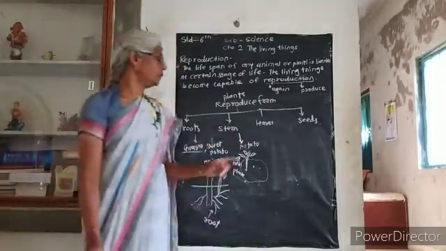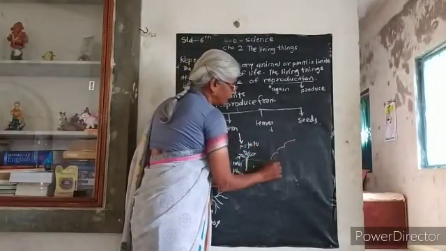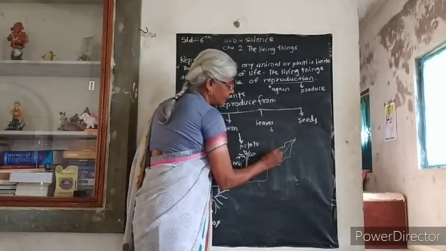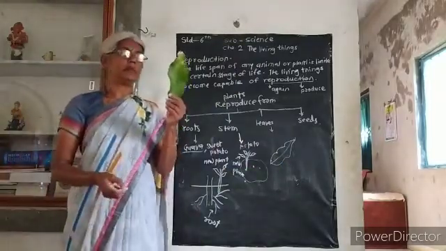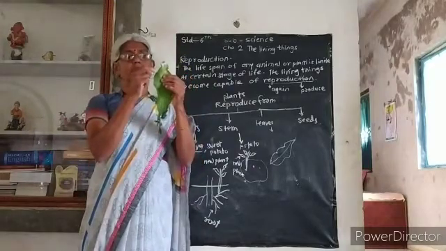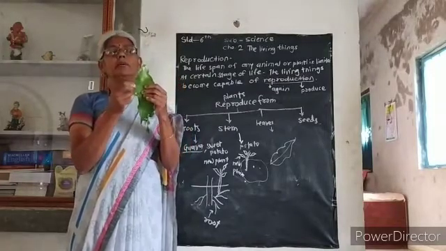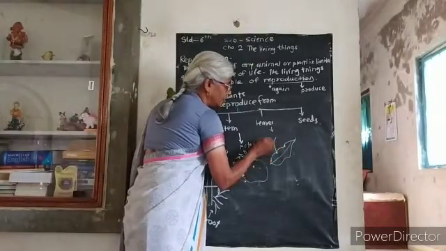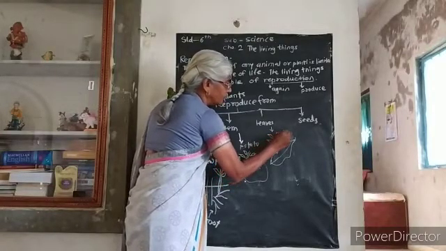Then the reproduction by leaves. Some plants have leaves like this. See, that is the leaf of the plant. Observe the margin of that leaf. It has some notches, and from those notches the buds are created, and the buds develop into a small plant, that is a new plant.